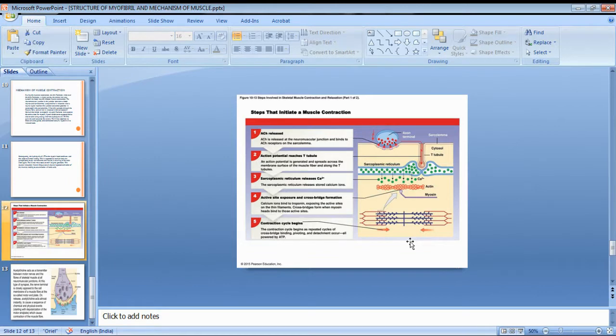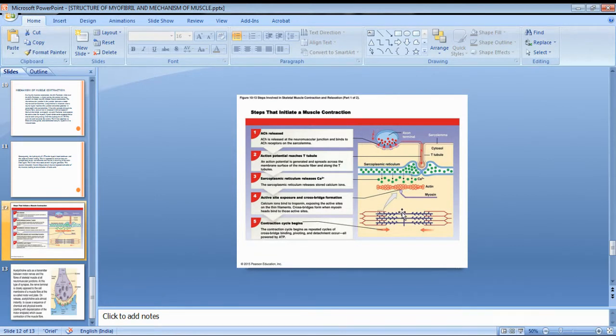Finally the myosin head again changes conformation, resulting in the thin filament being pushed towards the center of the sarcomere. Say this is the edge and this is the center of the sarcomere.